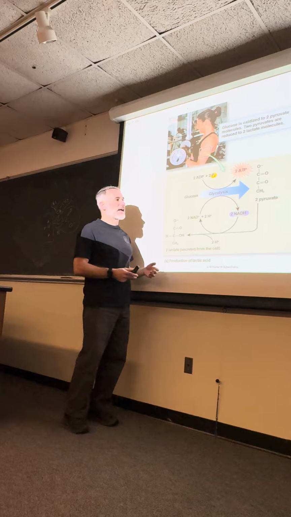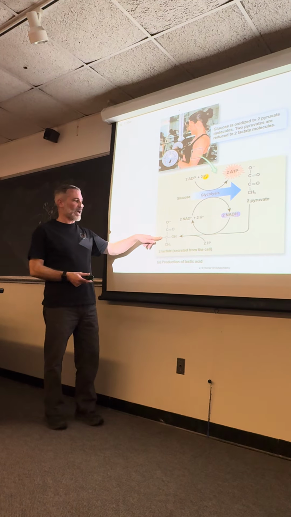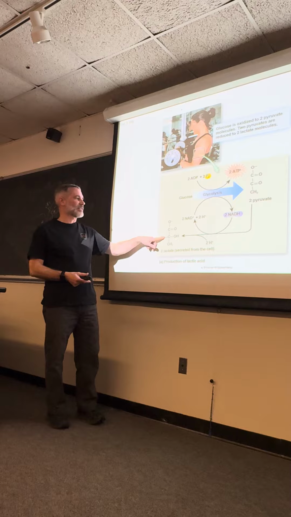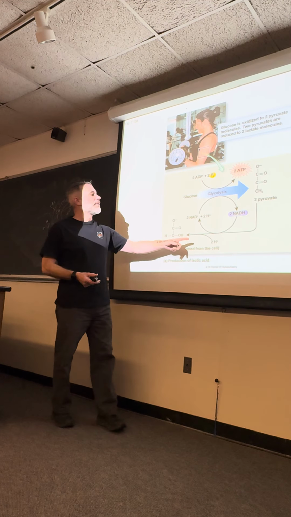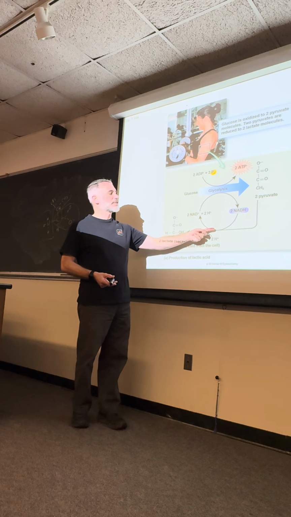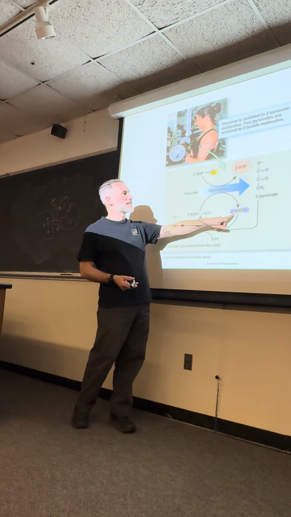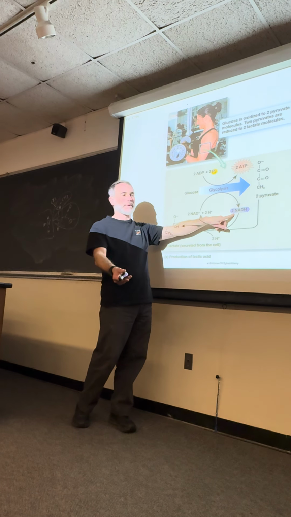So one of the things that happens with the pyruvate is that it is converted to lactate, which is the lactic acid that builds up in your body and causes discomfort. But in the process of converting it to lactate, some of the electrons from the NADH that would otherwise be sent to oxidative phosphorylation, they don't go there, right? They can't go there.